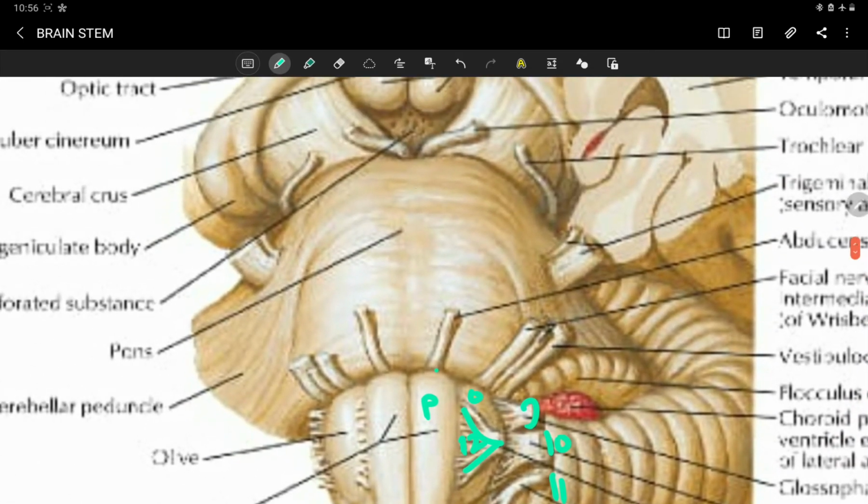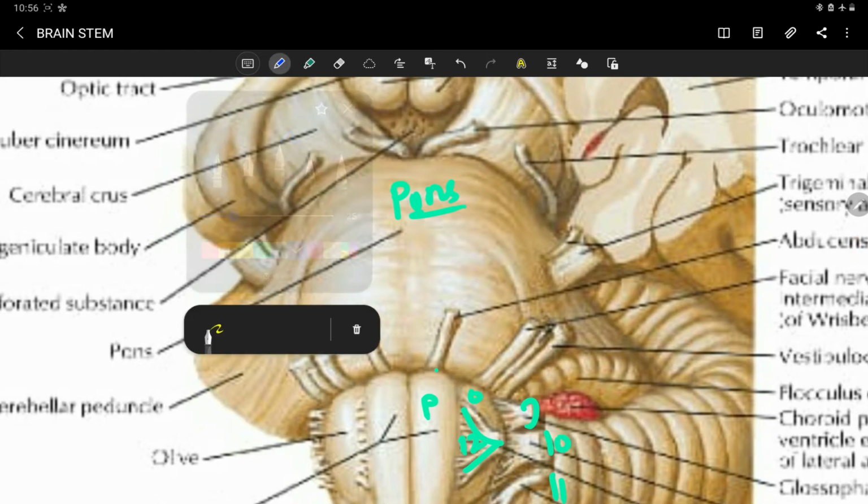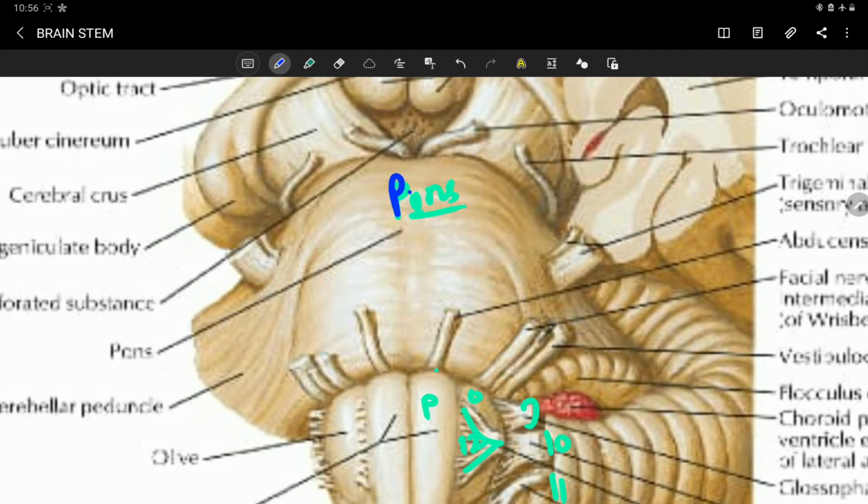Now let's come to the pons. This is your pons. At the pons region, at the uppermost region, you can see the largest or thickest sensory root of the 5th cranial nerve or trigeminal nerve, and along with this you can see the thinnest motor root.